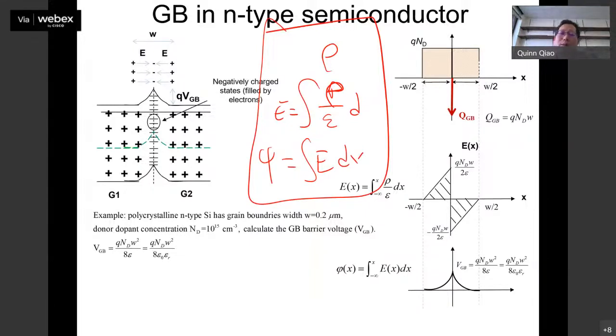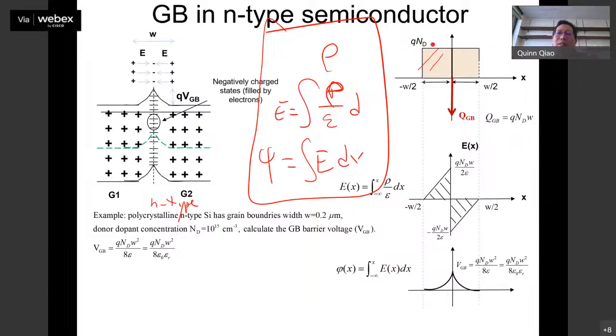Now let's see, since this is N-type, the charge you have there is qN_D, assuming all the dopant is ionized. You have positive ions, qN_D, on the left side and on the right side. In the center, because you trap a lot of electrons there, it goes down. Then you integrate this qN_D. What do you get here?